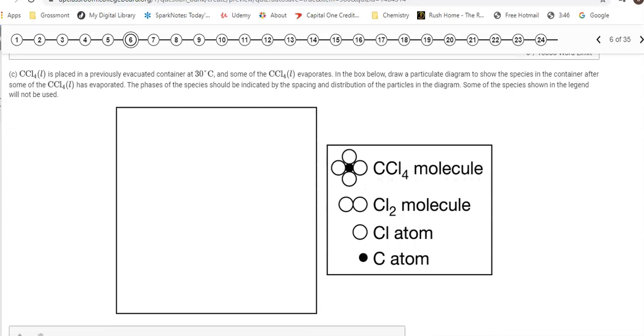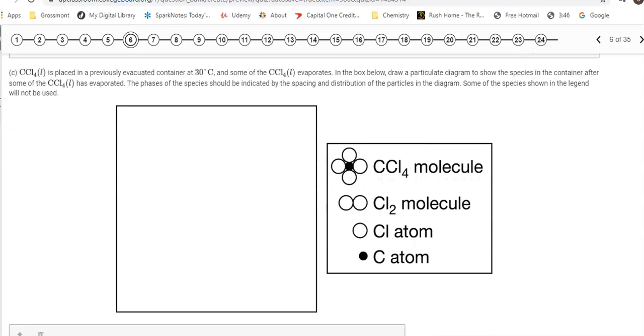First of all, CCl4 is a covalent compound, so it forms molecules. They do not break apart. This is not an ionic compound like NaCl where they come apart into ions. So the CCl4 is not going to come apart even at high temperature. What will simply happen is the CCl4 molecules will separate.